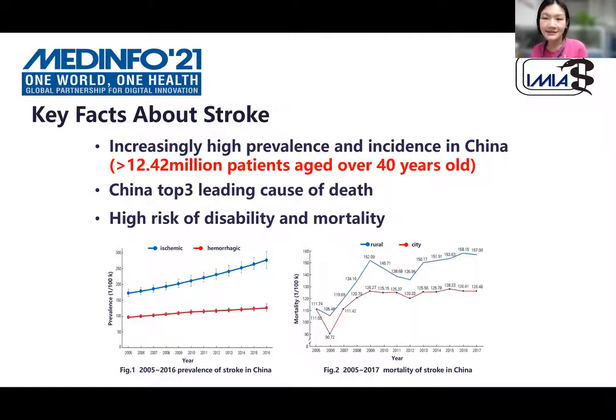Also, it has led to a large burden of disease due to the high risk of disability and mortality. And figure 1 and figure 2 show the prevalence and the mortality of stroke in China from 2005 until 2016 and 17.